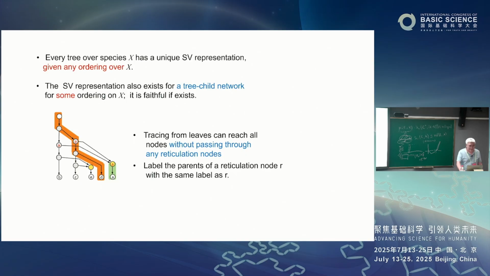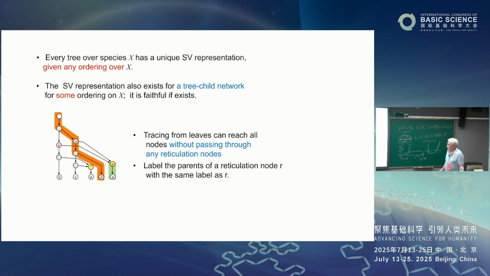Okay, so now let's see. The sequence vector representation also exists for tree child networks, but this is not for all orderings. It's for some orderings. But if it exists, then this is feasible. In other words, we can recover the network from these sequences.